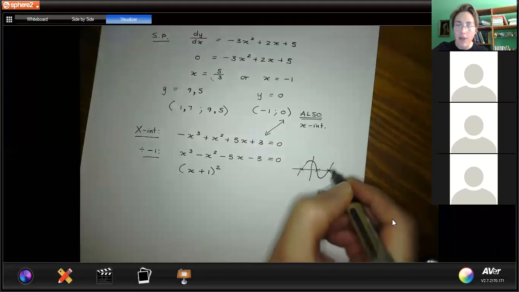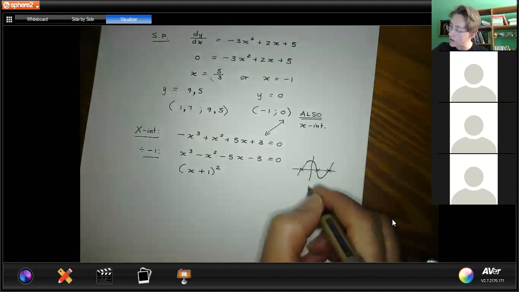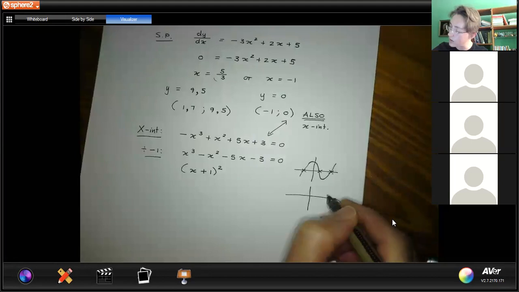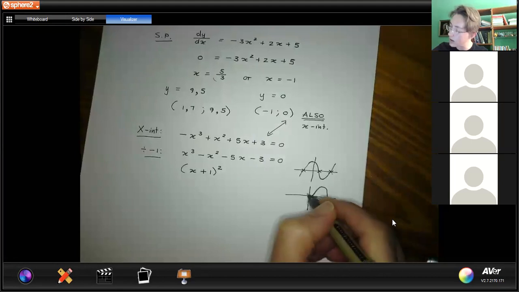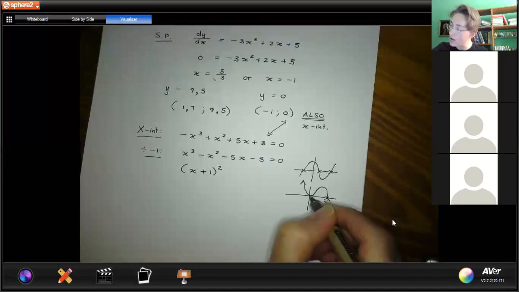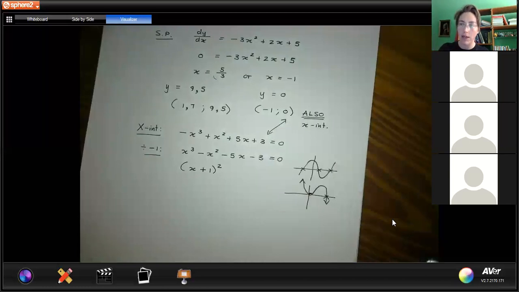But if that x-intercept is a stationary point, then the graph actually looks like this. Just to be slightly more accurate, I think it's going to look like this. There. So it cuts here, but there, the point which is also the stationary point, it pretty much bounces on the graph. That's what's happening.